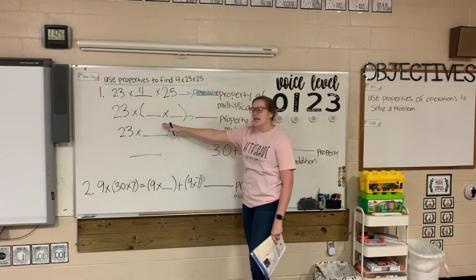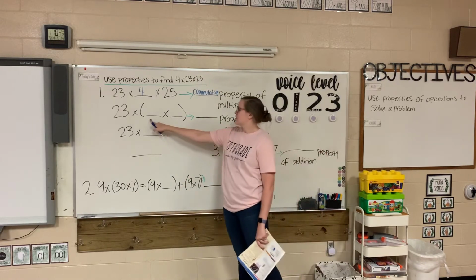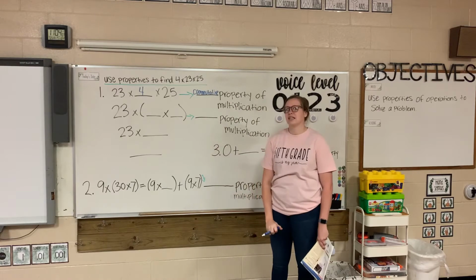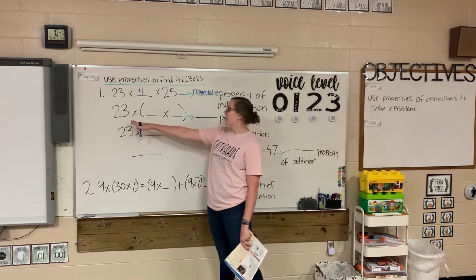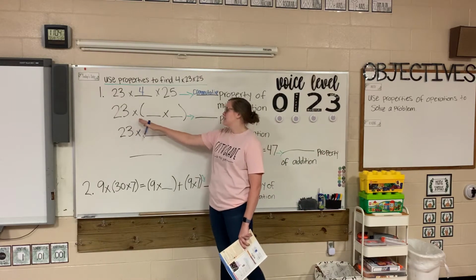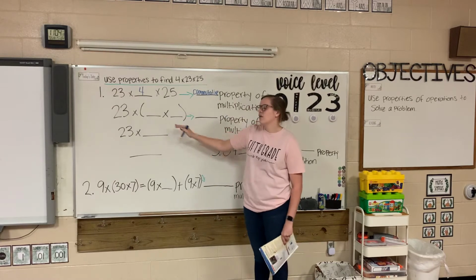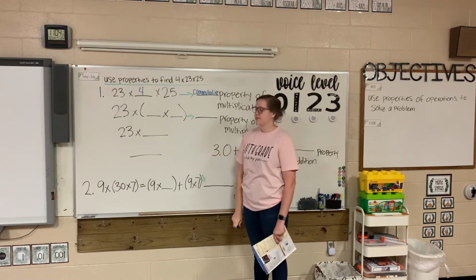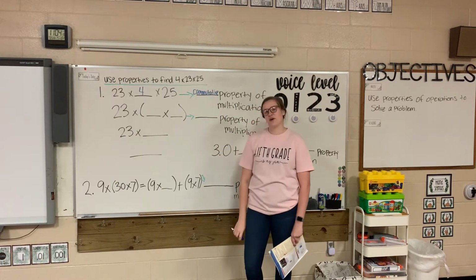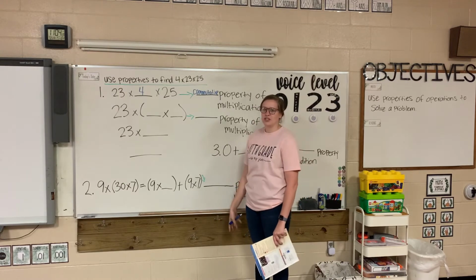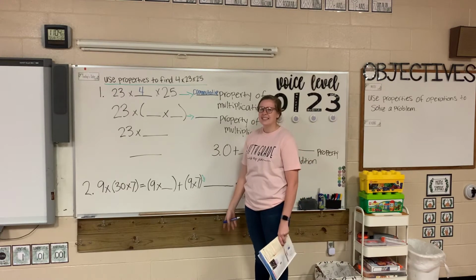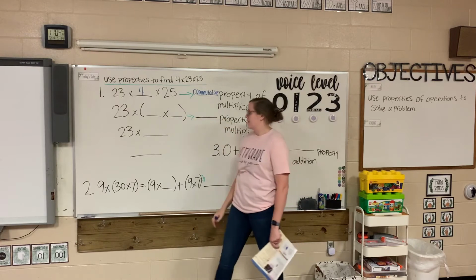Now let's move down. It looks like it wants us to group our numbers in a different way. So if we have 23 times blank, what 2 numbers are we left to choose from? 4 and 25. What order would you like to put them in? It doesn't really matter, right? We'll just drop down the same order.